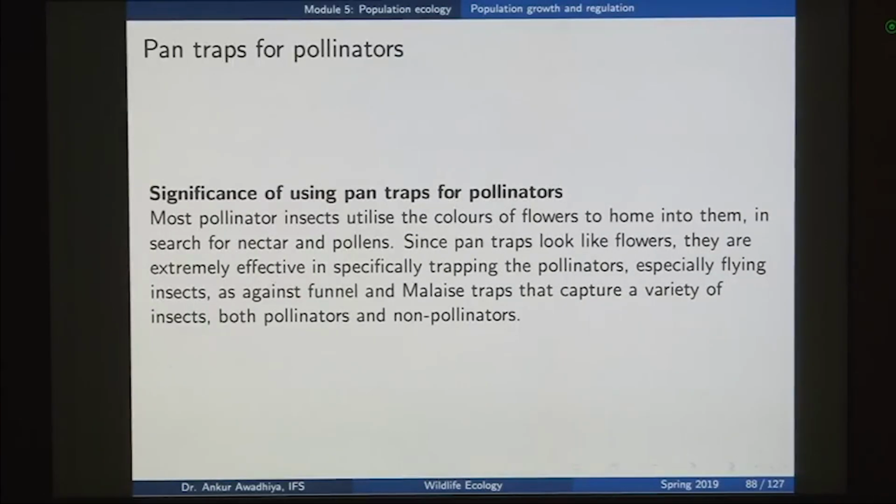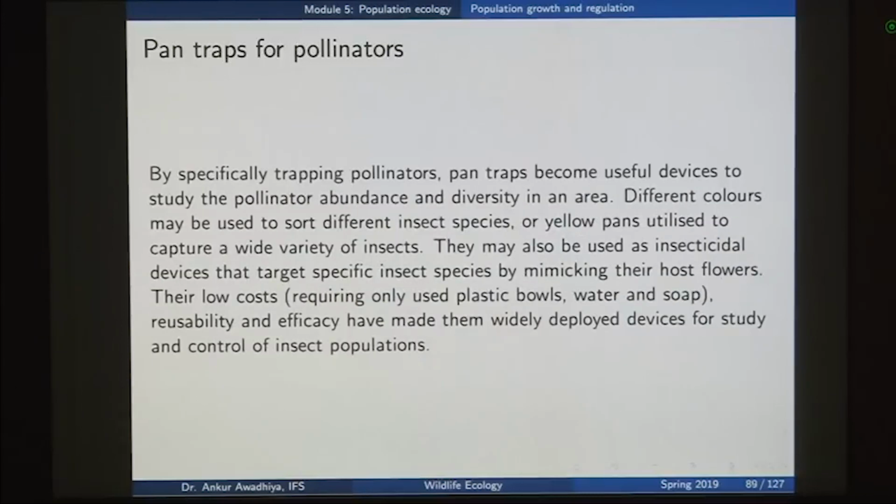Now, what is the significance? Most pollinator insects utilize the colors of flowers. So, these traps look like flowers and they are also colored like the flowers, and in this particular case you are capturing most of the pollinators. So, you are able to differentiate between pollinating insects and non-pollinating insects, and then you can use this data and combine it with the data from those traps that are not capturing only the pollinators, that are more or less random in capturing the insects.